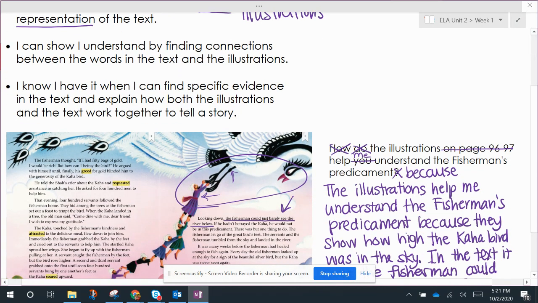We did that. We found things in the illustrations that made sense with the text, and we found specific evidence in the text that helped explain the illustrations. So that is what we're going to be working on this week, and I hope you enjoyed the story of the fisherman and the Kaha bird.